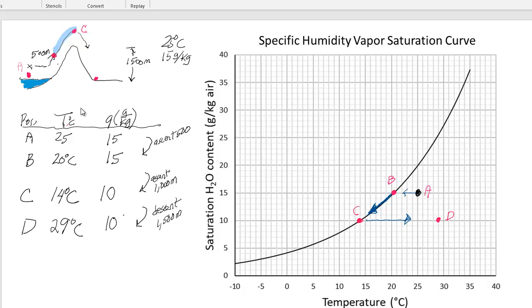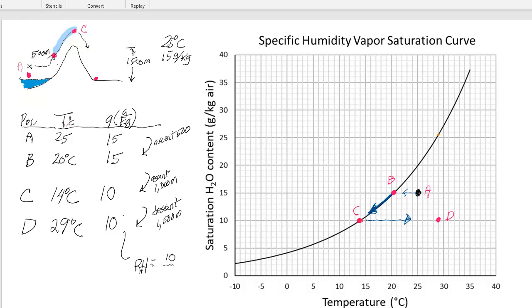The relative humidity here is going to equal its specific humidity, which we've said is 10 grams per kilogram of air, divided by the saturation level at that temperature. That temperature is now 29 degrees C, so you have to go way up here and read what it is.